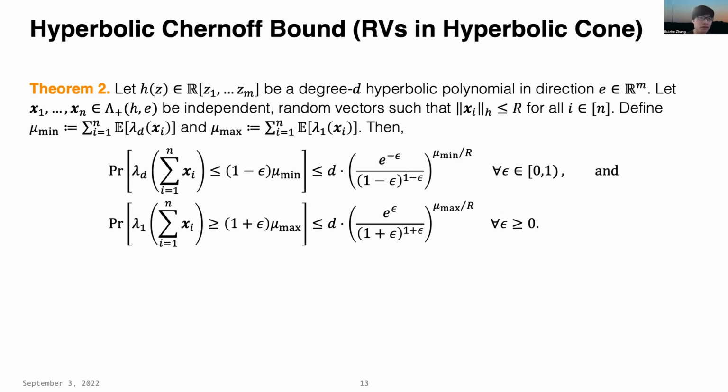Then we can control the probability that lambda d of the sum of Xi is smaller than mu min and lambda 1 of the sum of Xi is greater than mu max with some exponential tail.